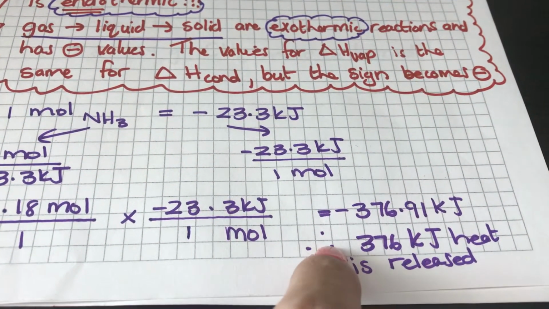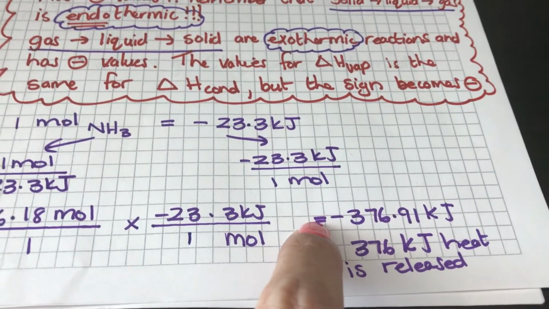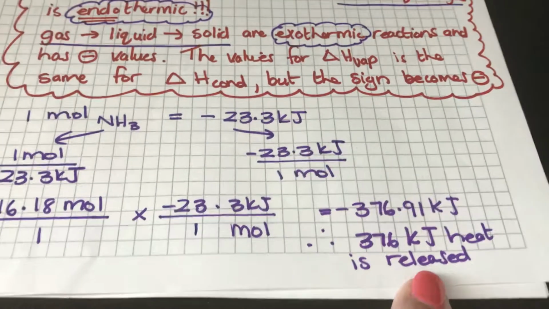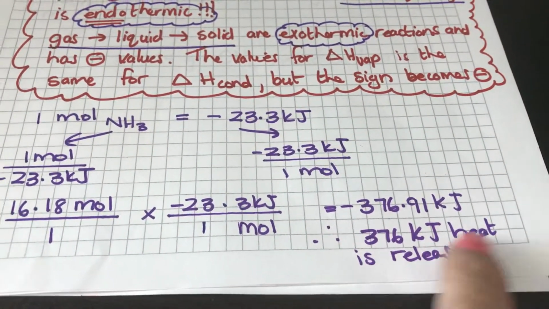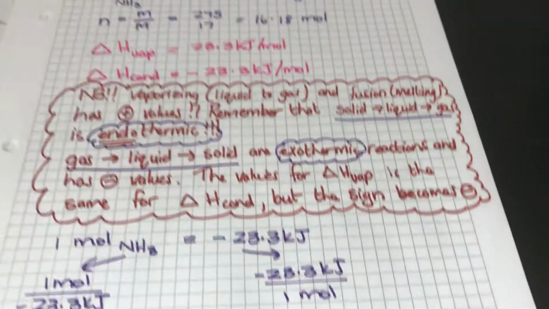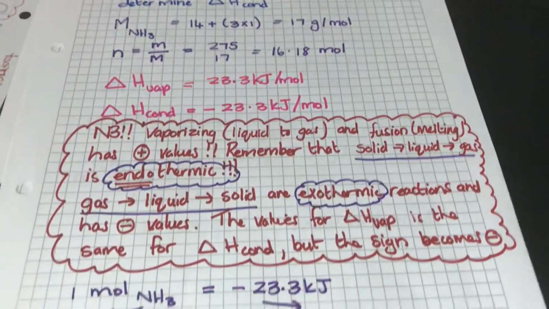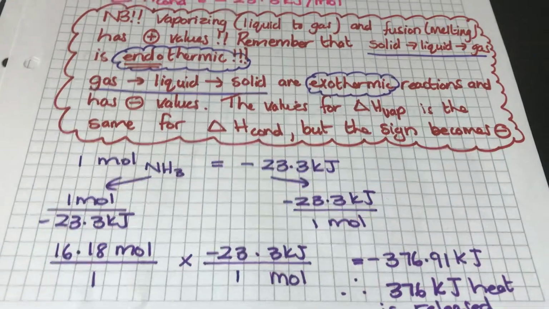So I do not write the negative in front. The negative just tells me it's exothermic. The negative also just tells me that heat is being released. So this is the amount of energy that's released when I condense ammonia gas from a gas phase to a liquid phase.